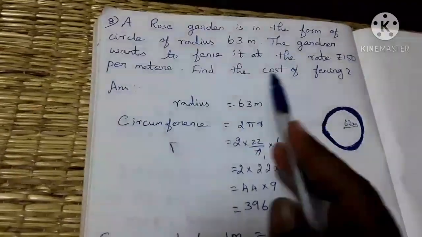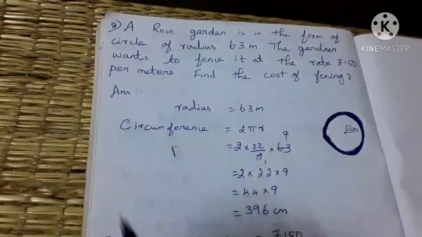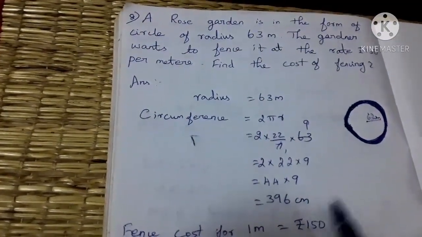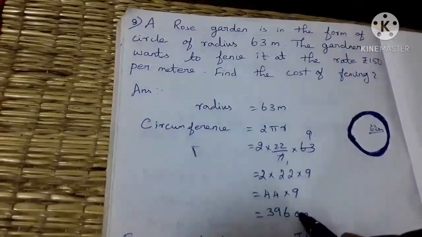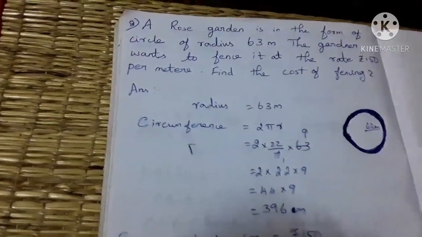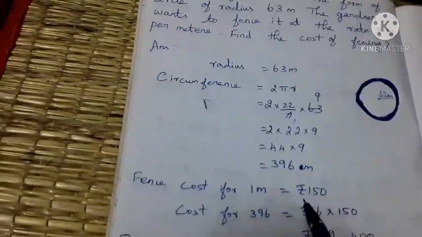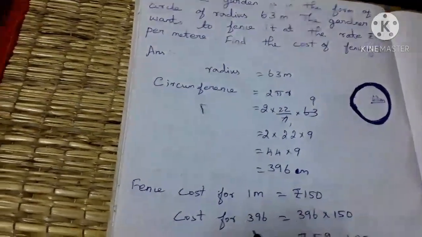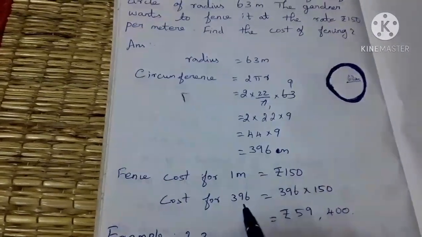Next, they gave the rate: fence it at rupees 150 per meter. The total circumference is 396 meter. To fence 1 meter, the cost is rupees 150.